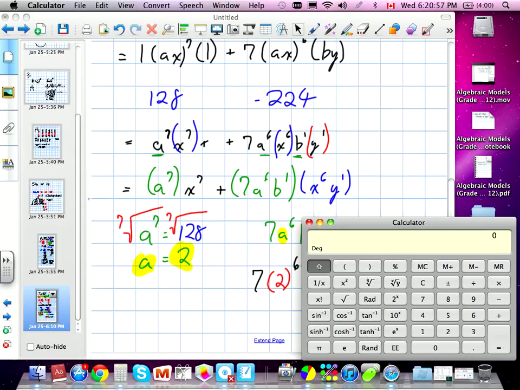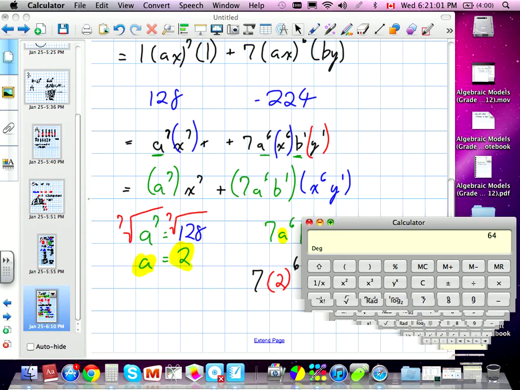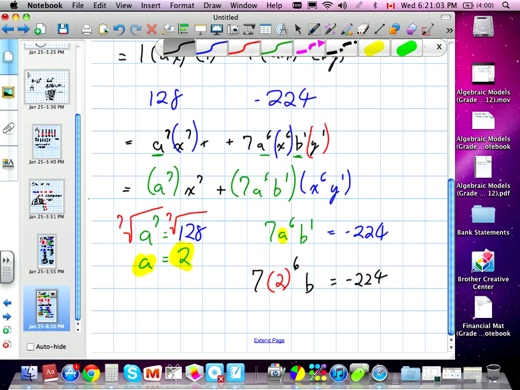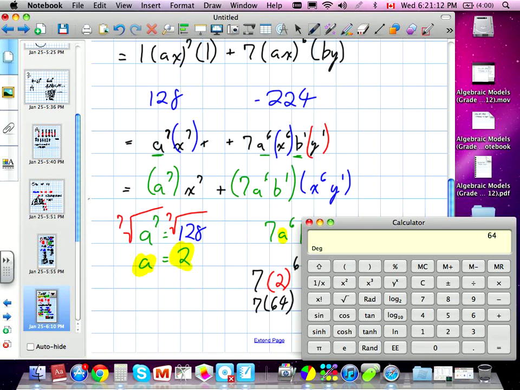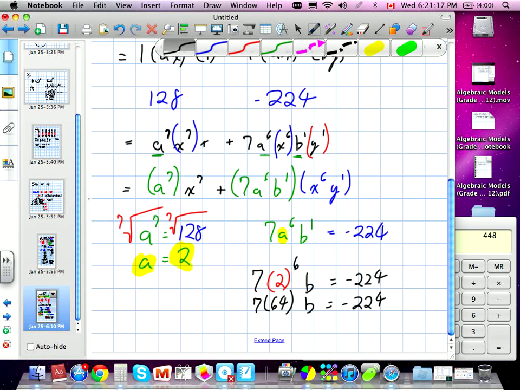So we get 7 times 64 times b is equal to negative 224. 7 times 64 is 448. So we get 448 times b is equal to negative 224.